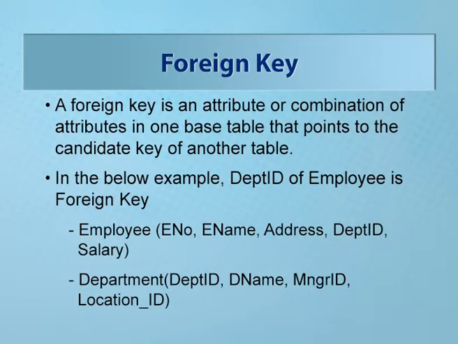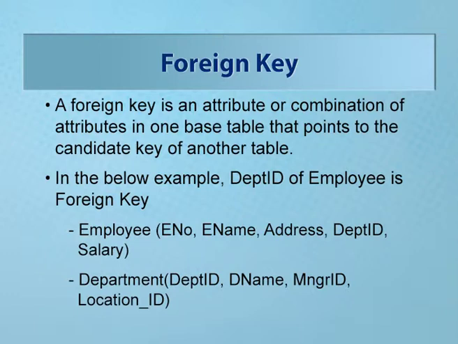A foreign key is an attribute or combination of attributes in one base table that points to the candidate key of another table. Let us take an example. There are two relations, the employee relation and the department relation. In the employee relation, E number is identified as the primary key, and in the department relation, department ID is the primary key. In the employee table you have a field called department ID, because we have to specify in which department the employee works.